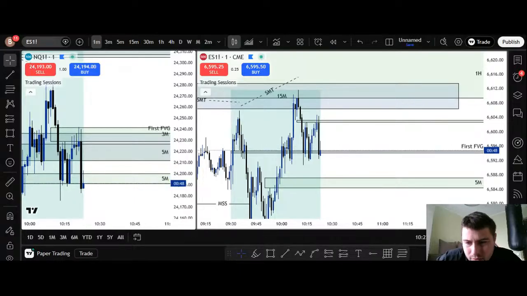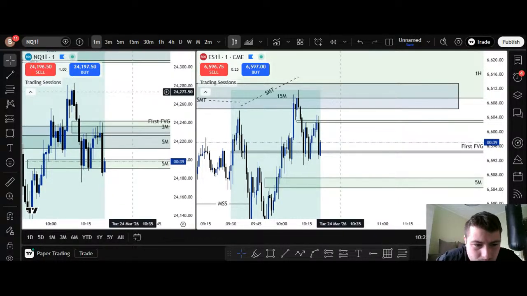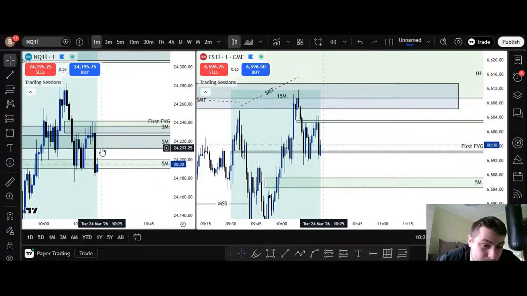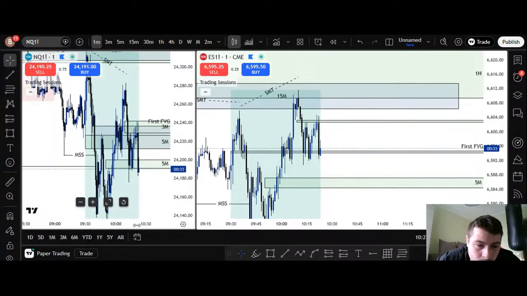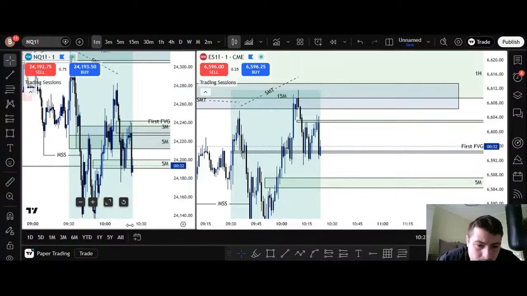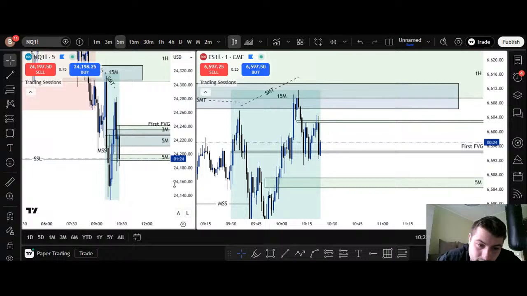Not a big fan when price is so messy. It's sometimes very hard to understand what price exactly wants to do. For example, now it went through, went lower. I think if this 5-minute fair value gap will be actually failed, price will close below again. That's not good.